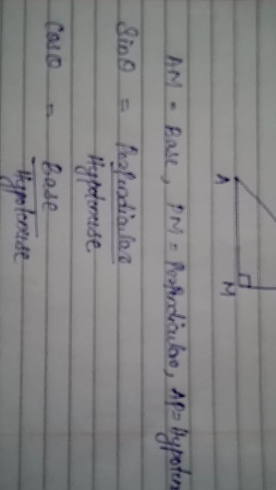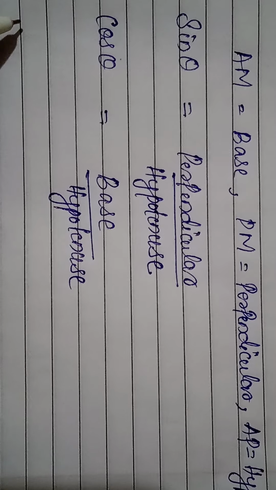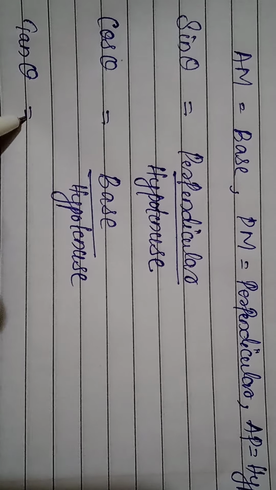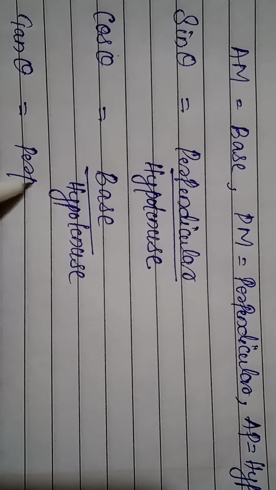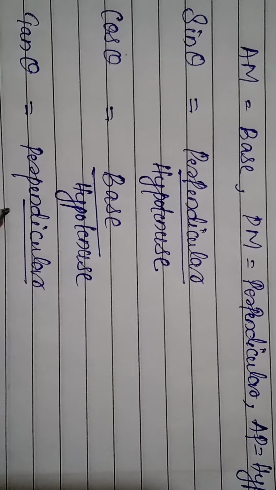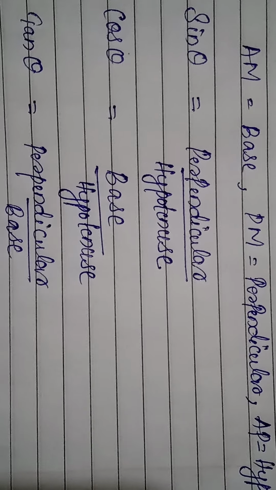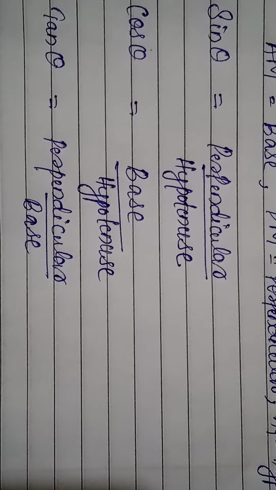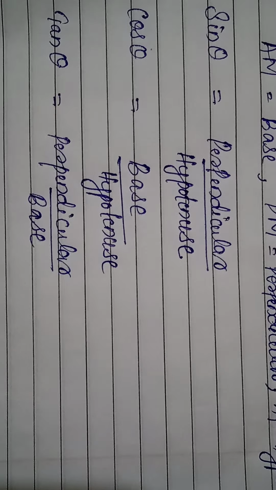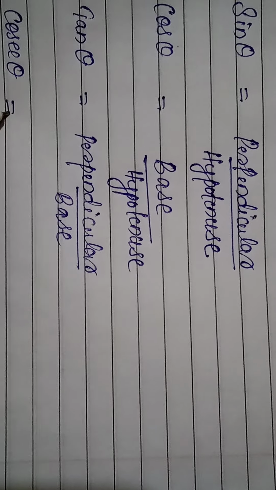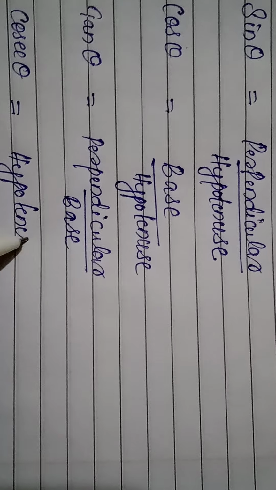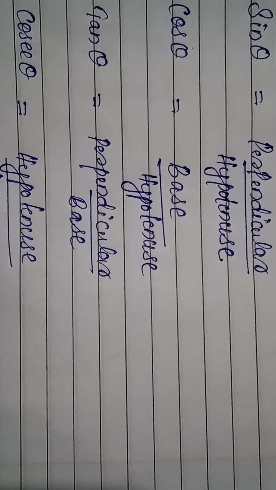The next one is tangent theta, or tan theta. Tan theta equals perpendicular by base. Next, the fourth one is cosecant theta or cosec theta. Cosec theta equals hypotenuse by perpendicular.